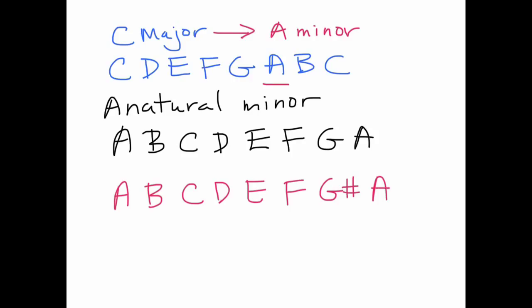And this version of the minor scale is called the A harmonic minor. Now let's listen to what A harmonic minor sounds like.